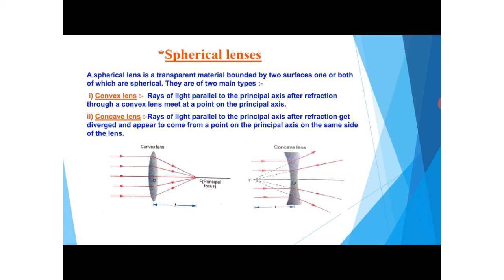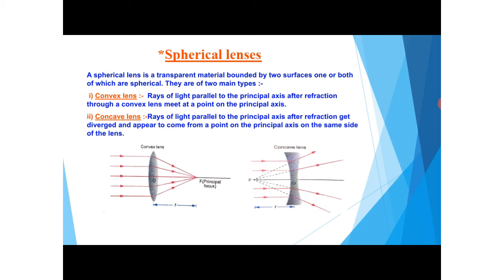So in order to get the image produced by the concave lens, we produce these diverging rays in the opposite direction as shown by the dotted lines, and they appear to meet, they are not actually meeting, they appear to meet at a point that is known as the focus, and the distance between this focus and the optical center of the lens is known as the focal length.